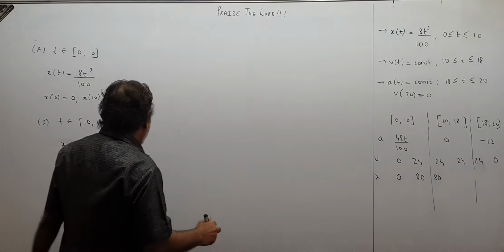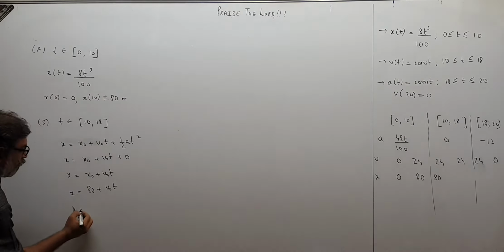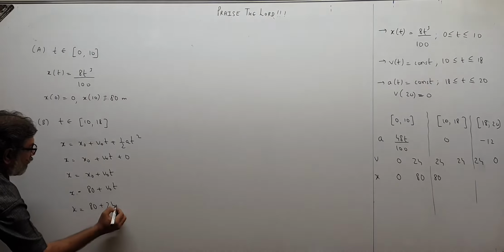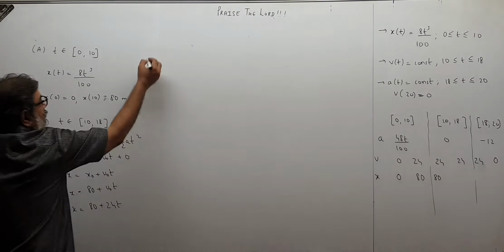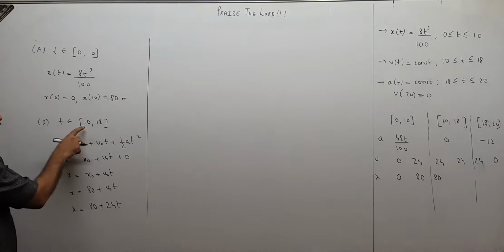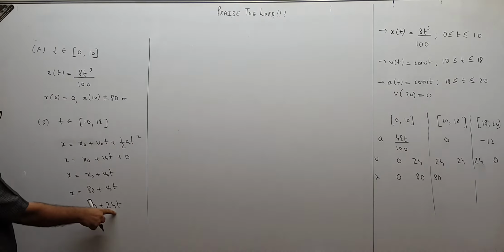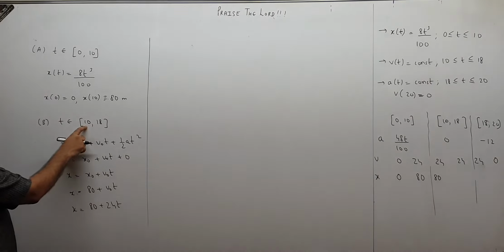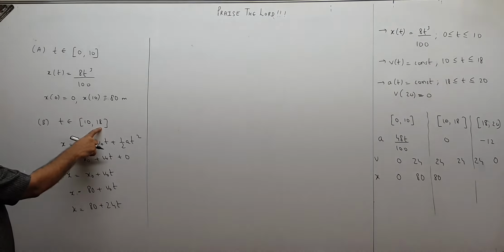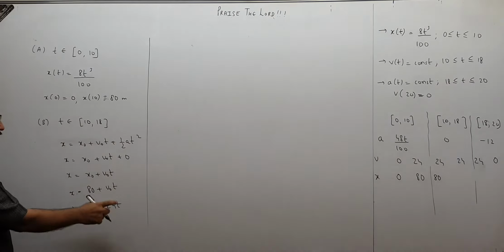So therefore, position becomes 80 plus 24t. Now you have to understand, for the 10th second, t will be 0, because t means time interval. So for 10 seconds, just starting, time will be 0, and for here time will be 8, please remember, from 10 to 18.